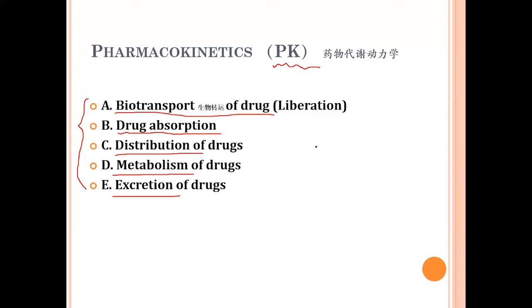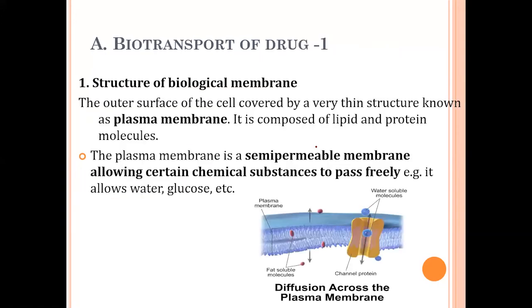We're talking about one by one. The first part, we're talking about the drugs mainly passing through the cell membrane. We know any kind of material, including medication, chemicals, or even nutrition and food, must pass through the cell membrane first.